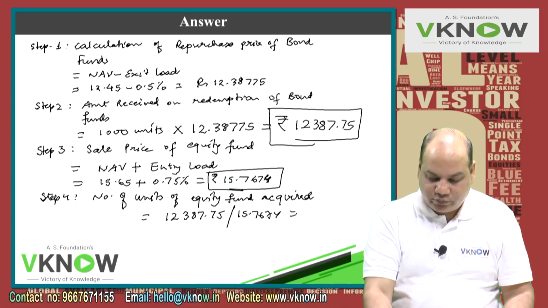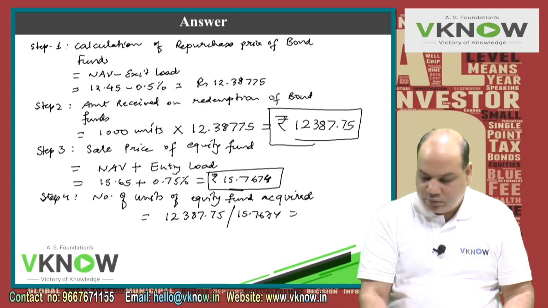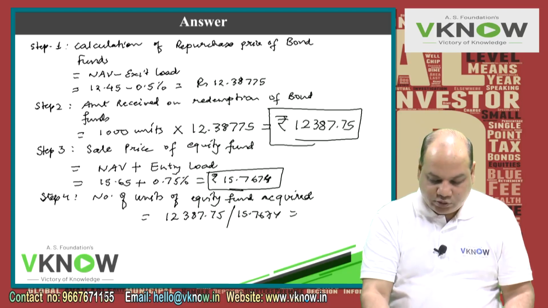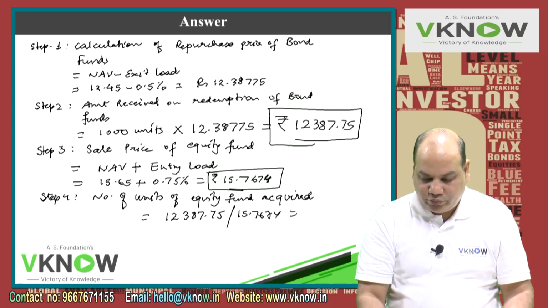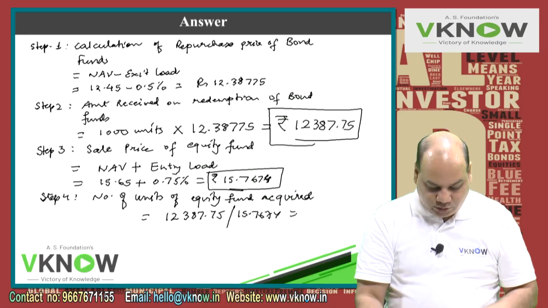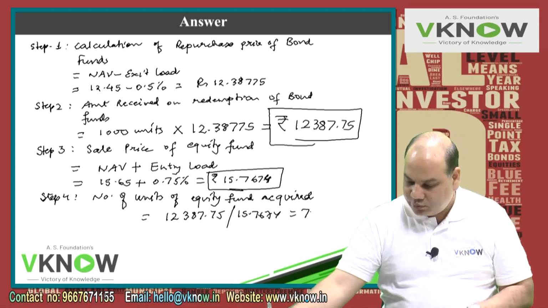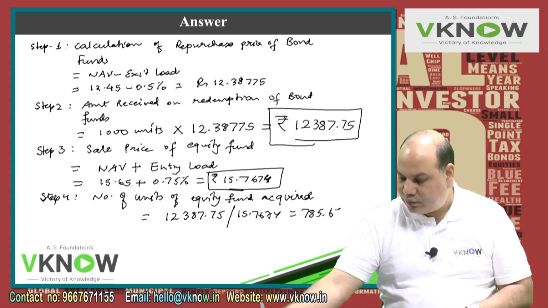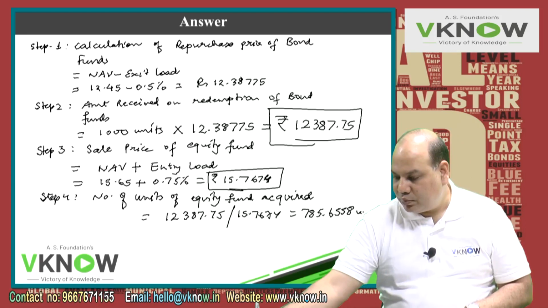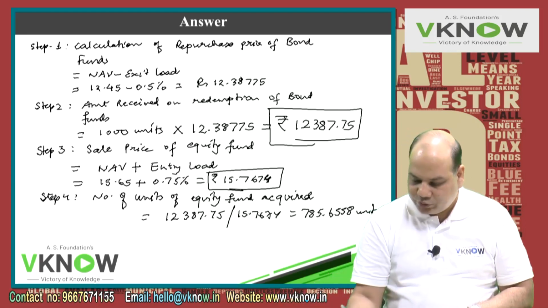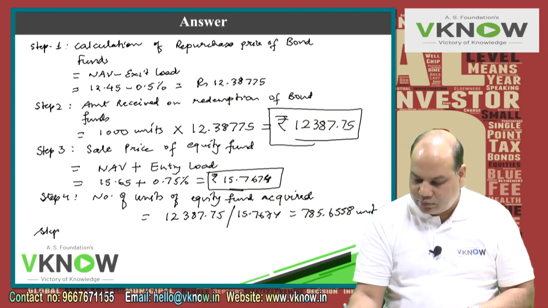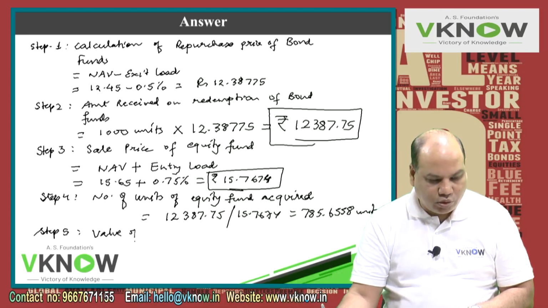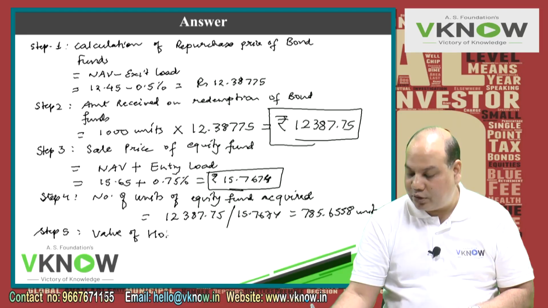So 12,387.75 and divide by 15.7674. So that comes to 785.6558 units. And then step number 5, that is your question, value of holding in equity fund.